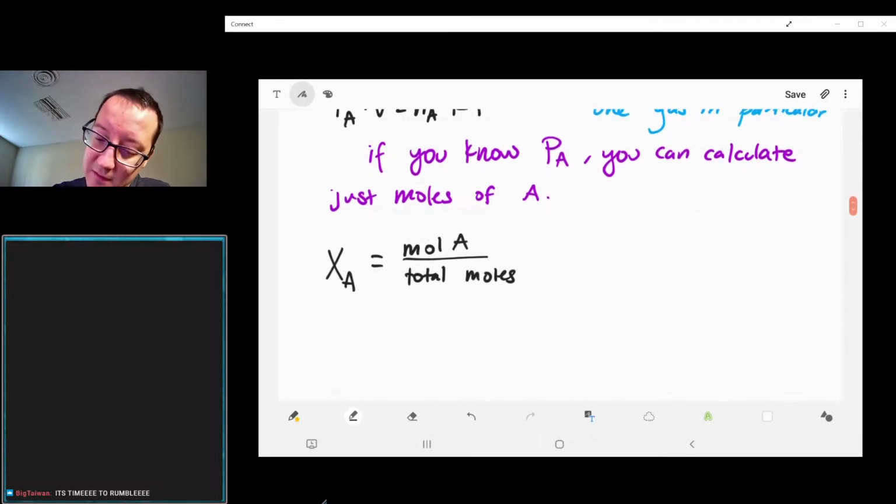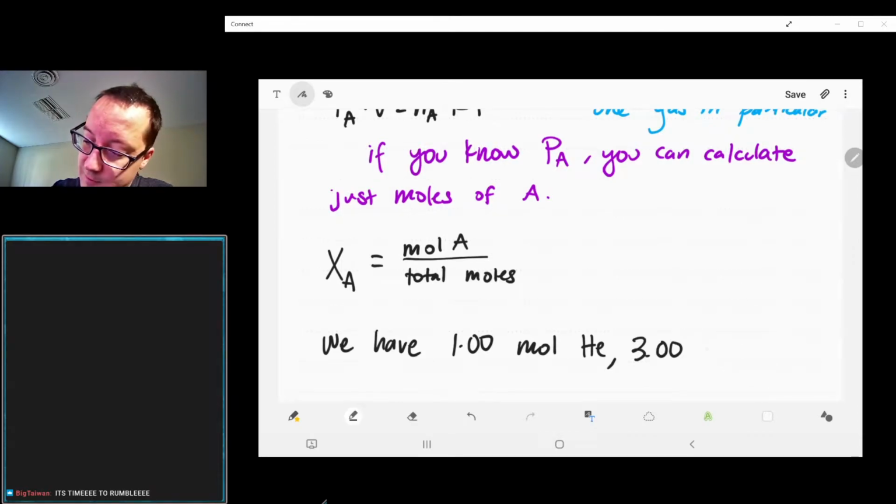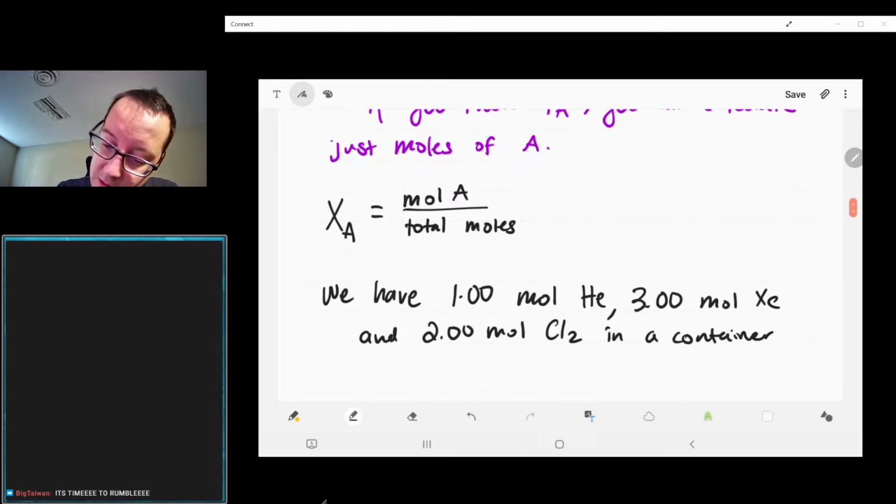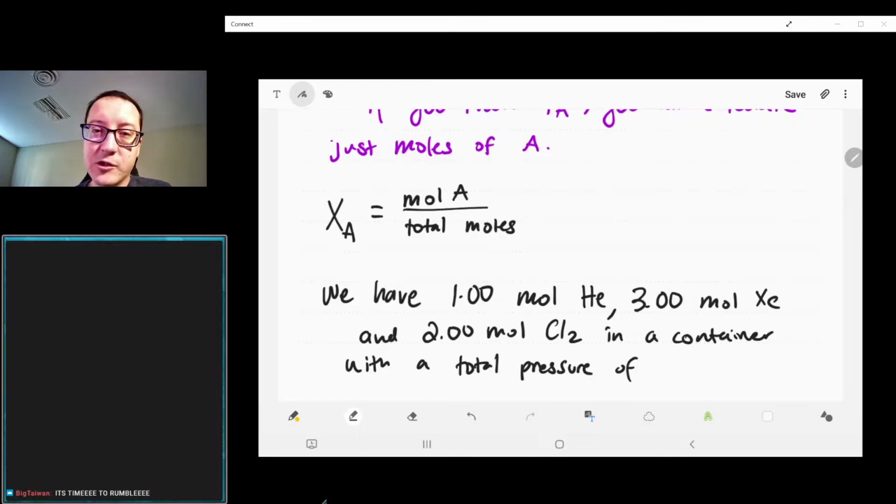So let's say we have one mole of helium, 3 moles of xenon, and 2 moles of, I don't know, how about chlorine, in a container with a total pressure of, what shall we say?